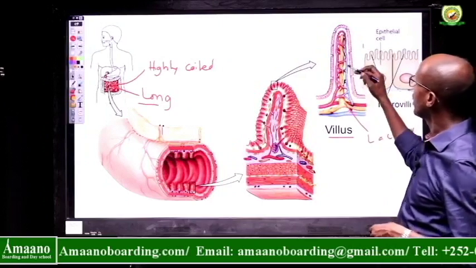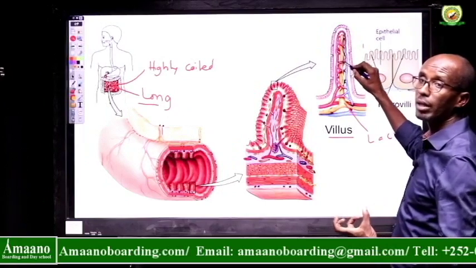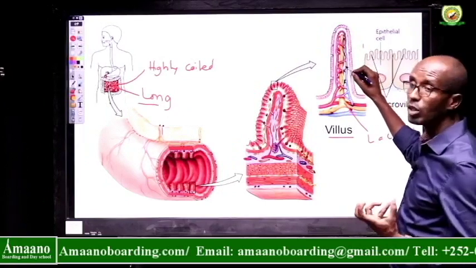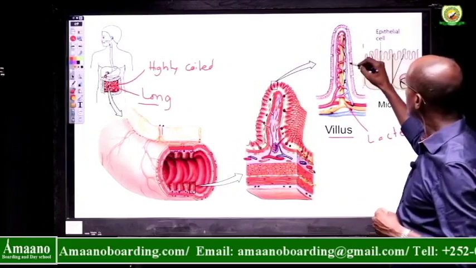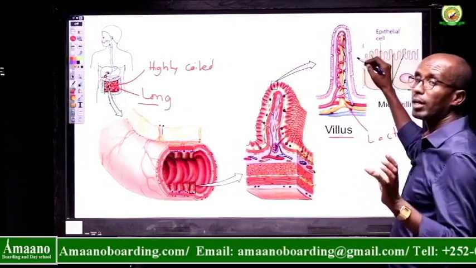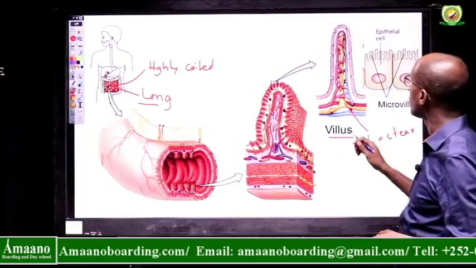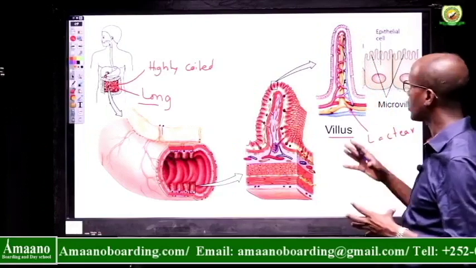As you can see, this is a red part of the capillary, which means the part which absorbs the food and nutrients from the small intestine. And this is blue, which means that part contains deoxygenated blood. It carries waste from the cells itself, because the cells are living also.